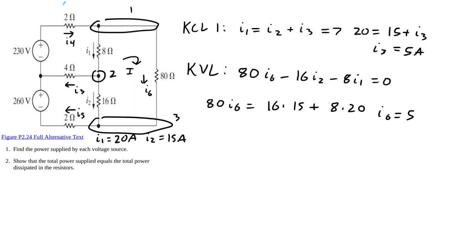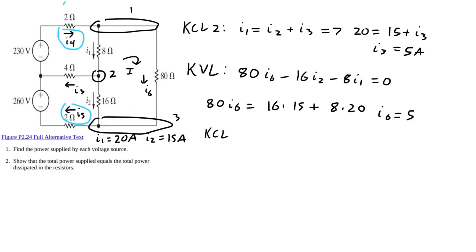Because we got I3, we got I2, so we need I5, and we need I4. Well, let's do a KCL at node 1. Sorry, yeah, it is node 1. I just wrote the wrong number here.